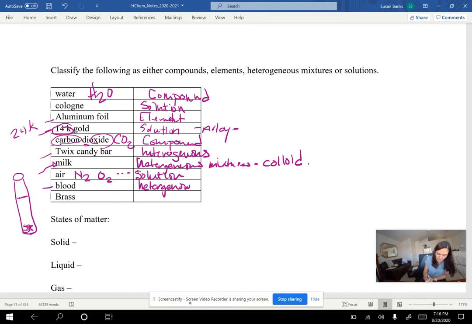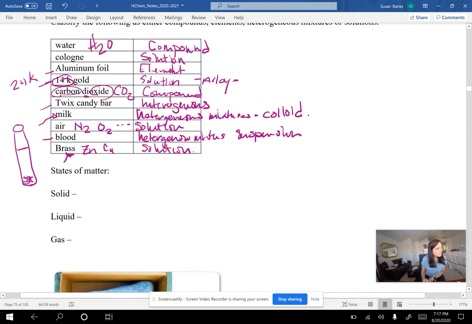It's a heterogeneous mixture and it's a suspension. Brass. Brass is actually a mixture of a couple of different metals. So when we look at brass, we have zinc mixed with copper. So it is a solution. How did you guys do?